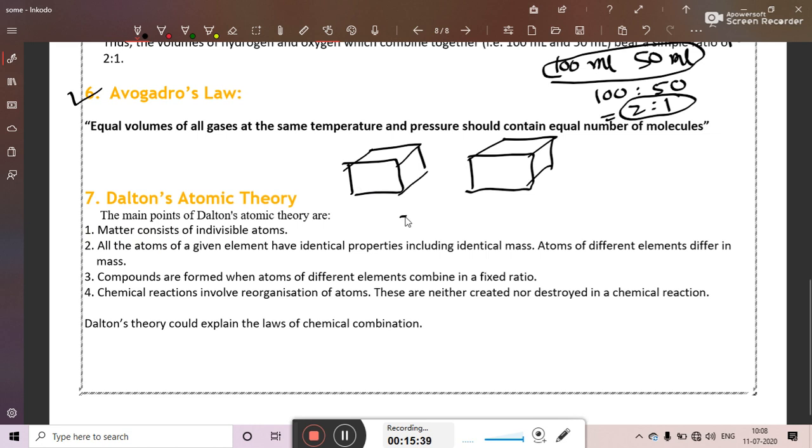So here you can see the temperature, pressure, and volume are all the same. Then in that case, if in one of the vessels you have placed hydrogen gas, and in another vessel you have placed oxygen gas, then both hydrogen and oxygen will have the same number of molecules.